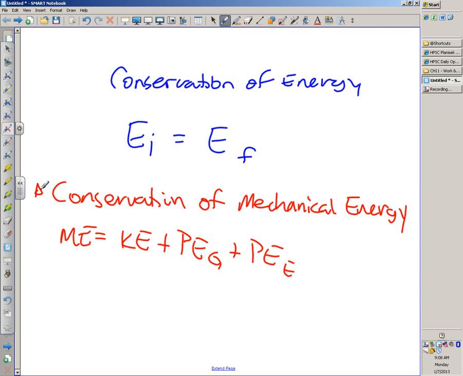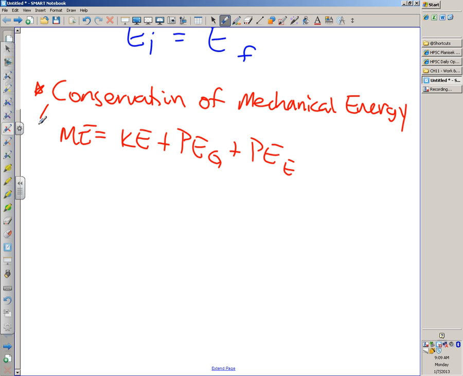And when we talk about conservation of mechanical energy, the idea of conservation doesn't change. We just apply it to mechanical energy. So, conservation of mechanical energy says that all of the mechanical energy that I started with has to be there at the end. MEi, initial mechanical energy, has to equal MEf, final mechanical energy.